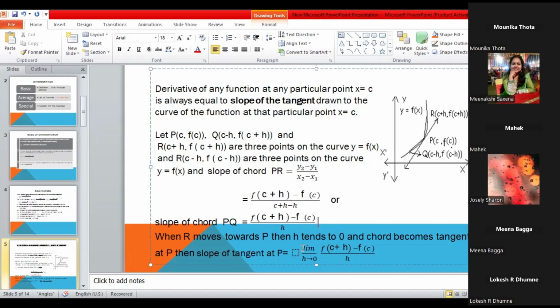So by this small explanation, we can teach the children why derivative is called slope of the tangent and why this formula of limit h tends to 0 is considered as a slope of the tangent. Why not only f(c plus h) minus f(c) upon h? Sometimes children are confused about why we are putting a limit over here, why simply y2 minus y1 is not considerable. So this is the answer. By this diagram we can easily explain them the meaning of derivative.